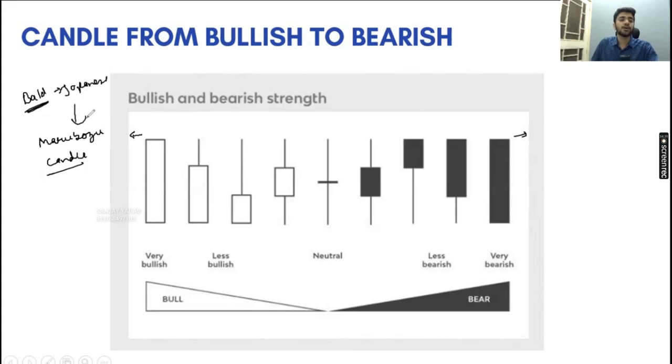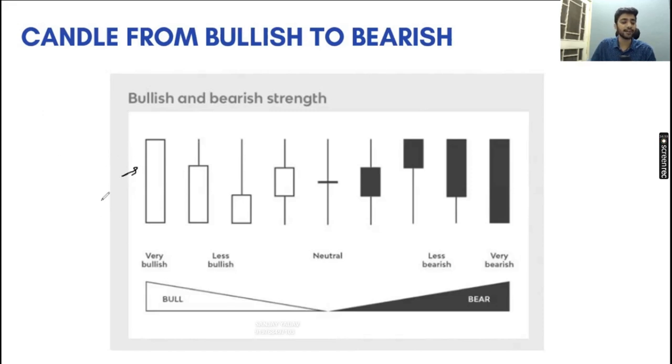So this is bald because it doesn't have any wicks on either side. That's why it's like a shaven head, completely bald, and hence the name Marubozu candle. The Marubozu candle is the most bullish and most bearish because it simply tells you that the entire day only one side was prevalent. In this case, only one side was prevalent, which was bulls, and in this case, only one side was prevalent, which is the bears.